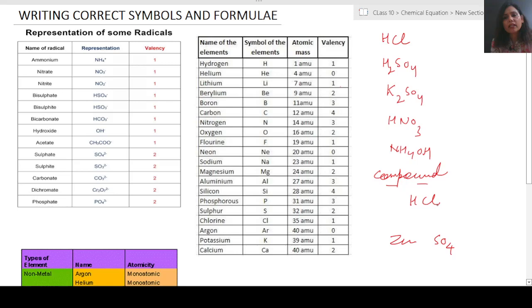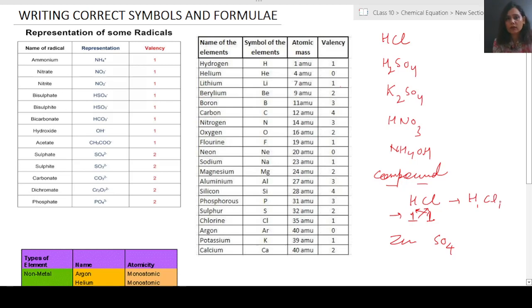What I will do is write their valency at their foot or bottom. For example, valency of hydrogen is 1, valency of Cl is 1. Now valencies always go to their neighbors. So now one will go to H and one will go to Cl.